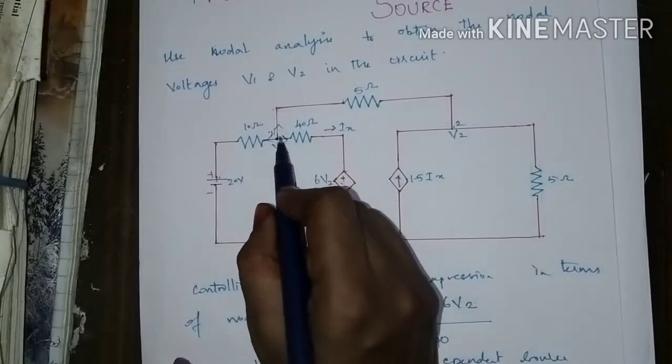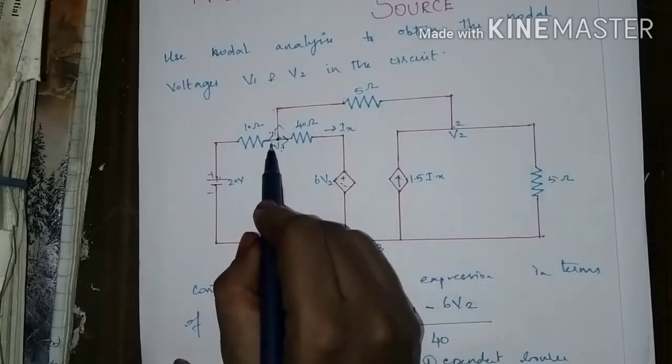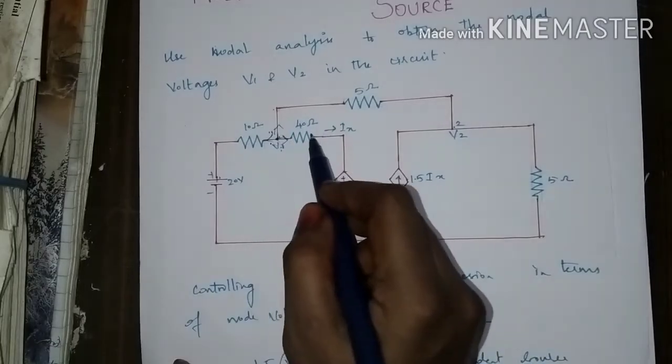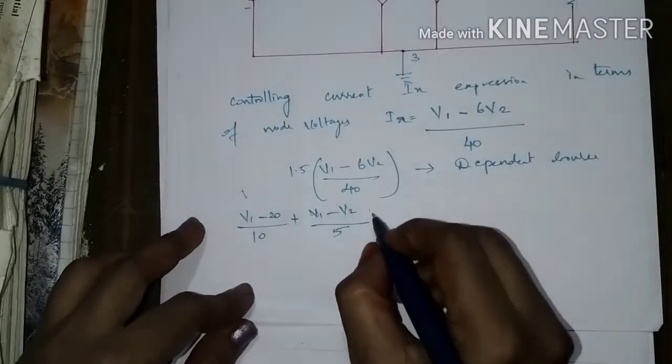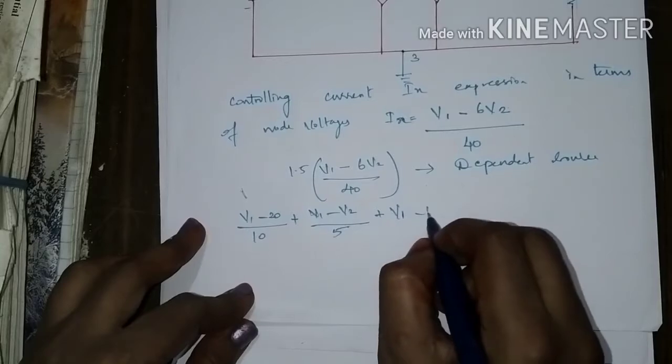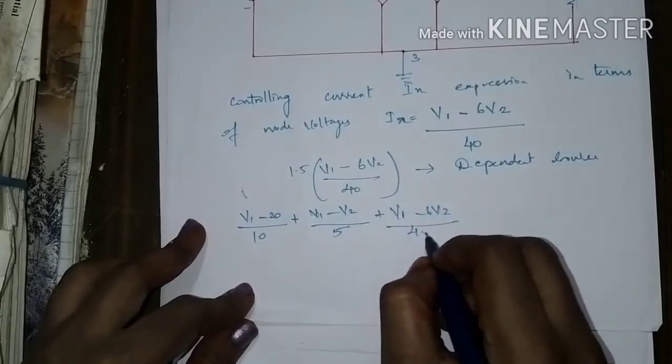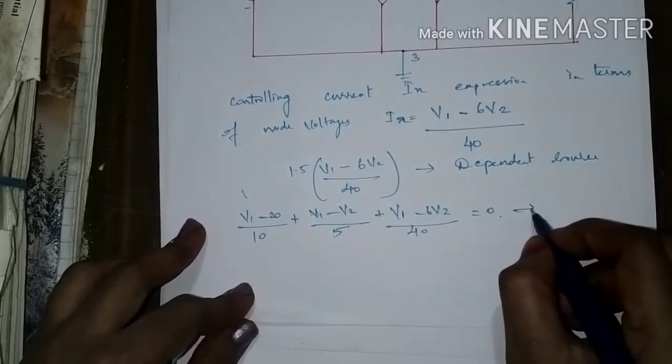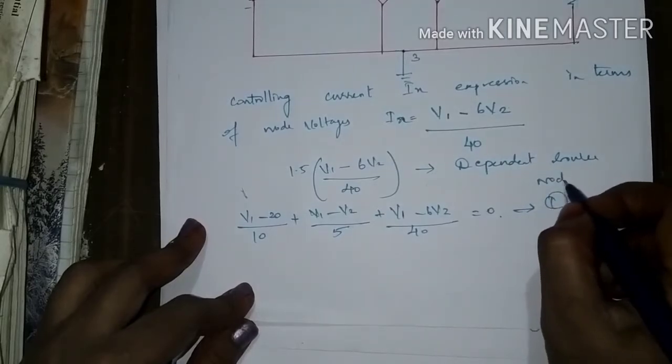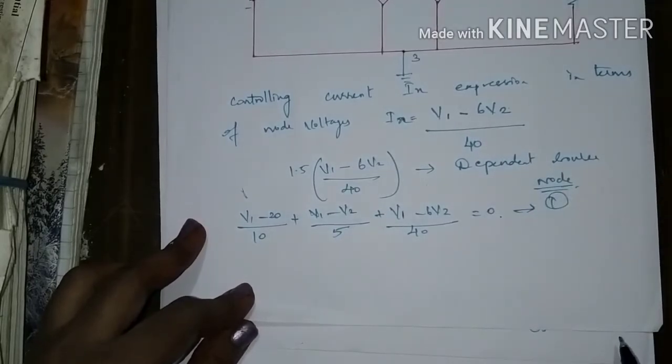And the current flowing through this branch is V1 minus 6 V2 divided by 40, plus V1 minus 6 V2 divided by 40 is equal to 0. This is the node equation for the first node.